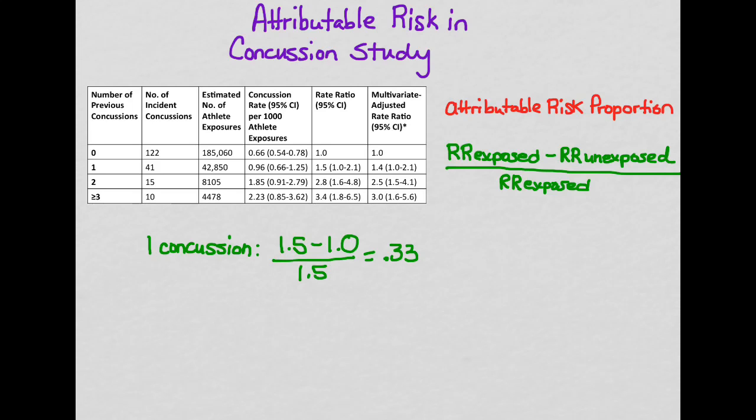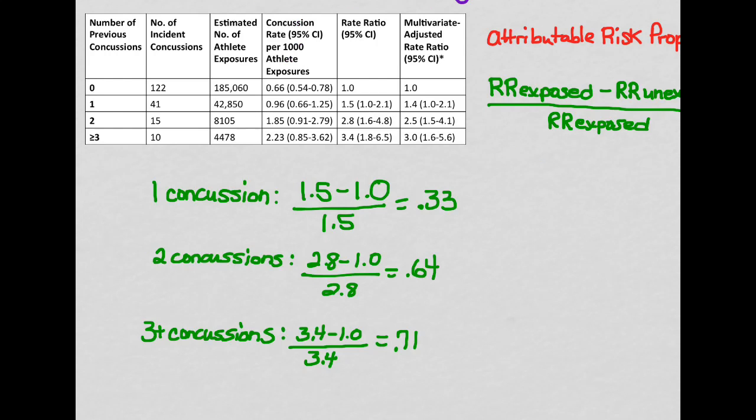And then we get 0.33, and probably due to rounding error, it's a little bit different from the attributable risk we calculated using incidence. But let's try the other ones. So you try to do them yourself. And there. So the numbers are pretty much the same, but you need to know how to calculate attributable risk using incidence and relative risk.